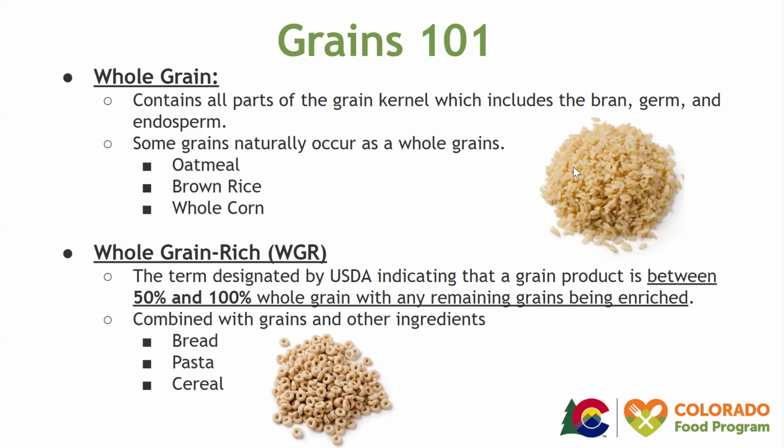Think of products like bread, pasta, or cereal. Those can be whole grain rich, but not all of them are. And we're going to go through lots of examples on how to figure that out.